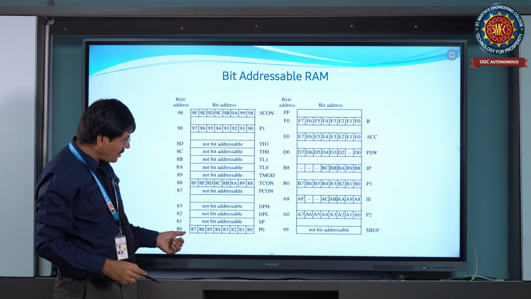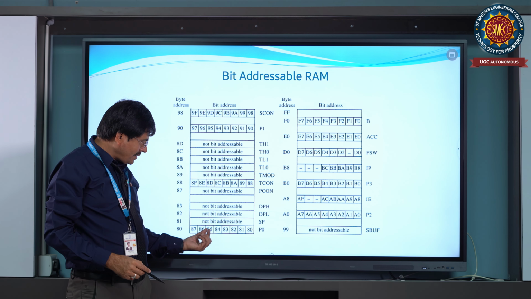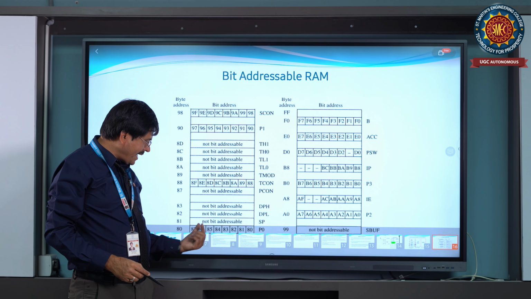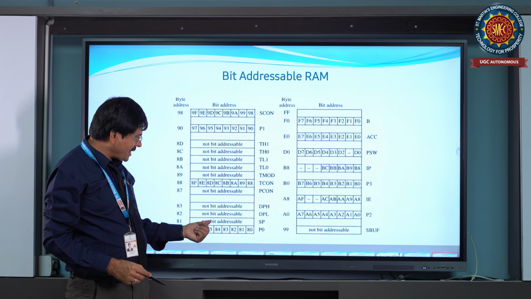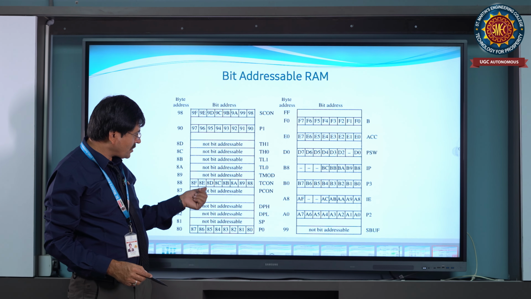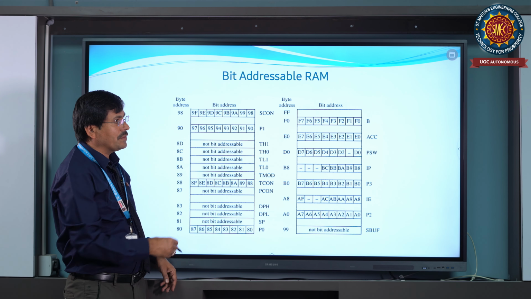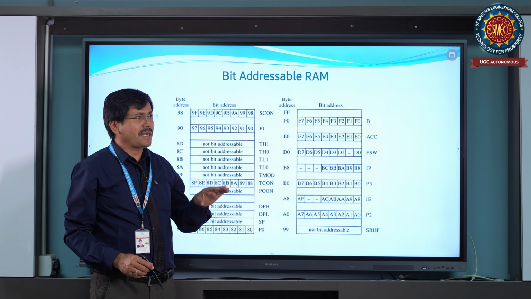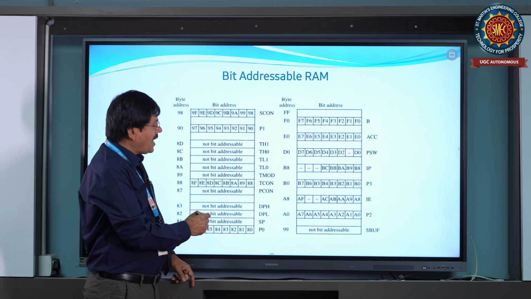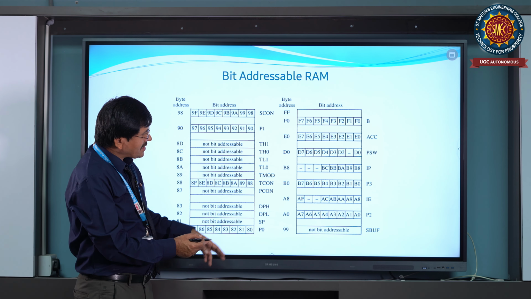At 80 there are bit addressables, 80 to 87, and the others are not bit addressable. 80 is the address of port 0, right? And the port 1 address is 90.